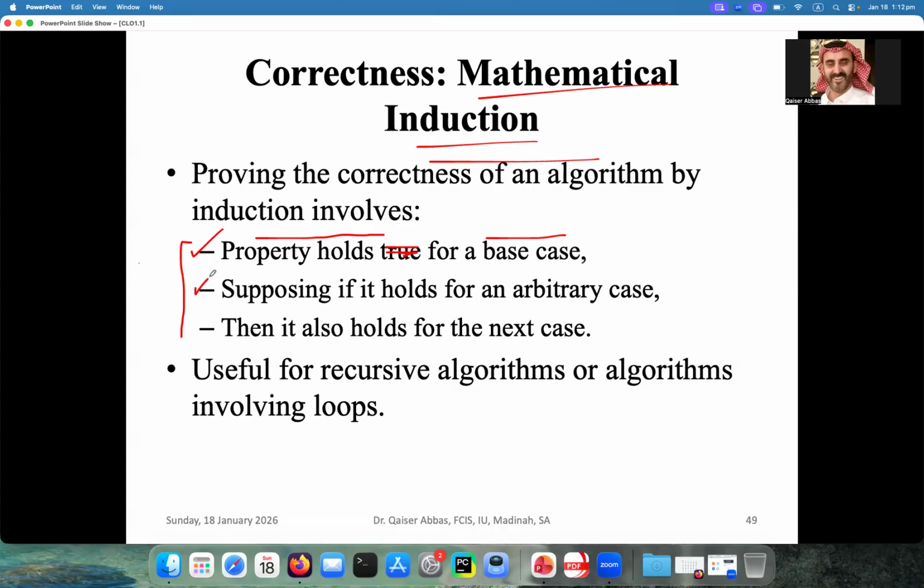And then the second step. Here in this second step, you have to assume something. Before starting, you will assume that this is the theory. I'm using the word theory.